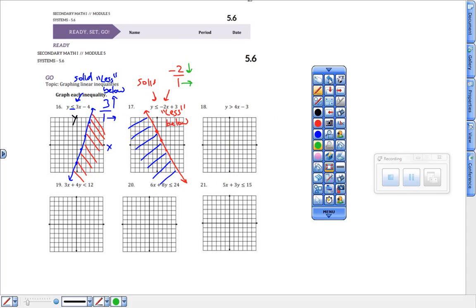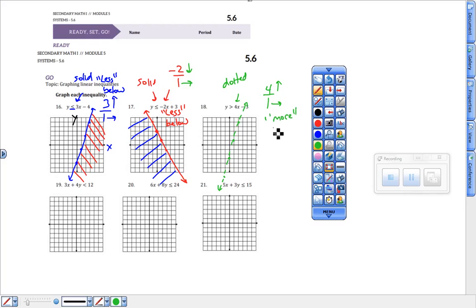The number in front of x is 4, so that made into a fraction. Right 1, up 4, right 1, up 4, right 1, up 4, left 1, down 4. Dotted line. Best you can. And then this is more than. More than is above.